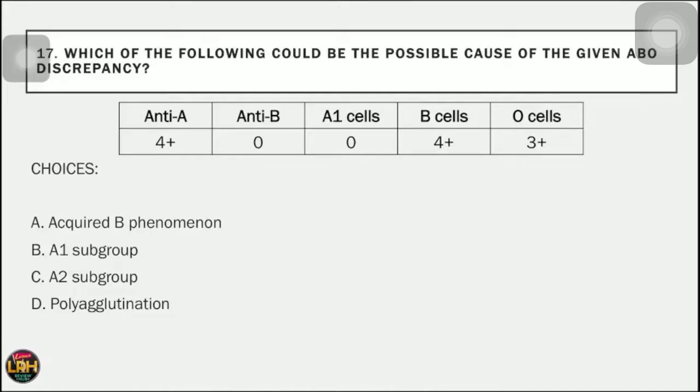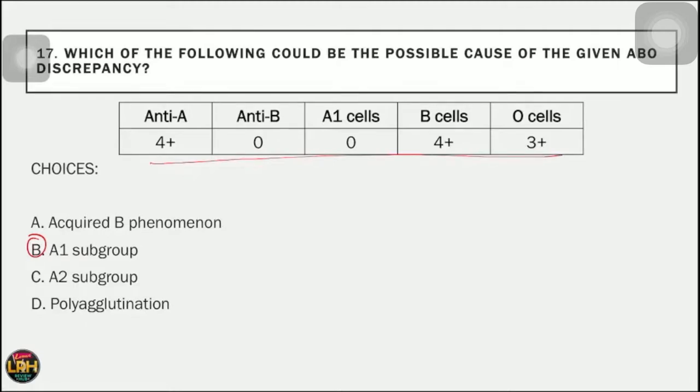So in this panel, what we can observe is a possible reaction of A1 subgroup. This is resolved or confirmed with the use of anti-A1 lectin. Additional tests would include A2 cells or O cells or OH cells if available.